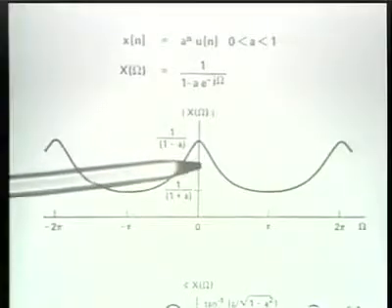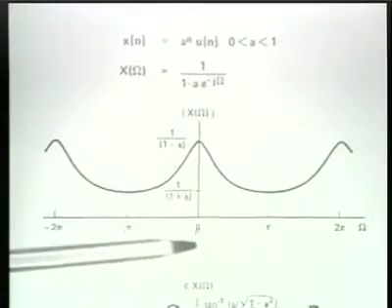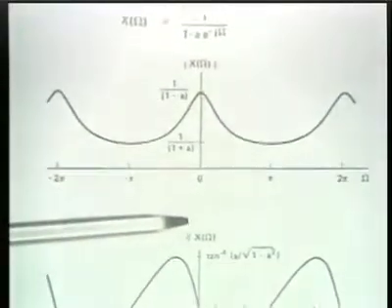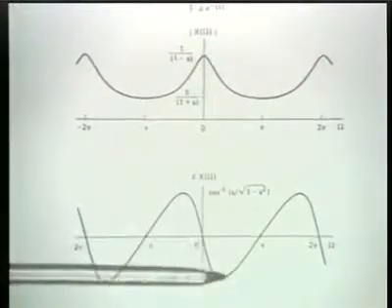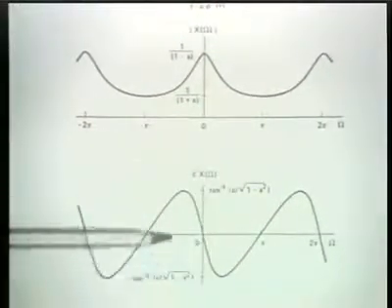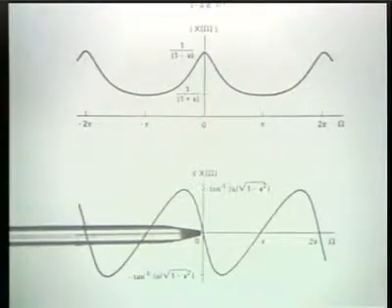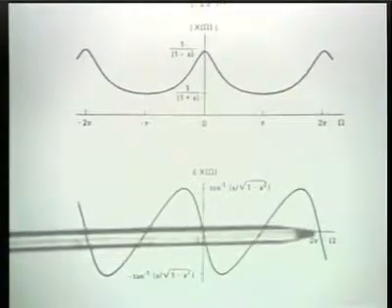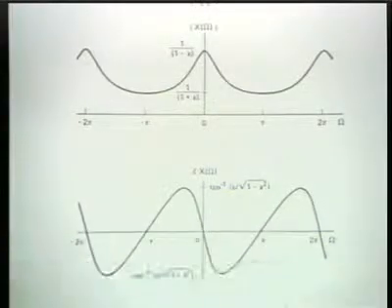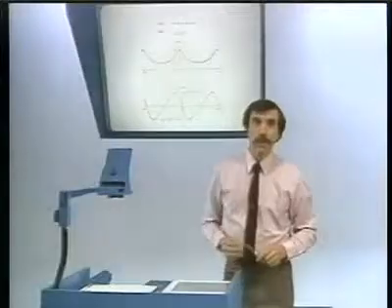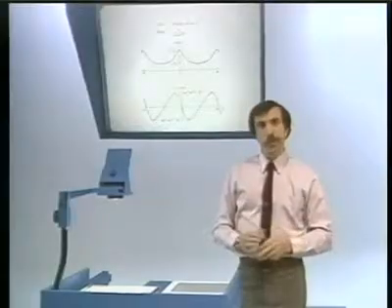On the other hand, if we look at the phase angle below it, the phase angle is odd symmetric, and that's indicated clearly in this picture. And of course, in addition to being odd symmetric, it naturally has to be, again, a periodic function of frequency with a period of 2 pi. Okay, so we have some symmetry properties.